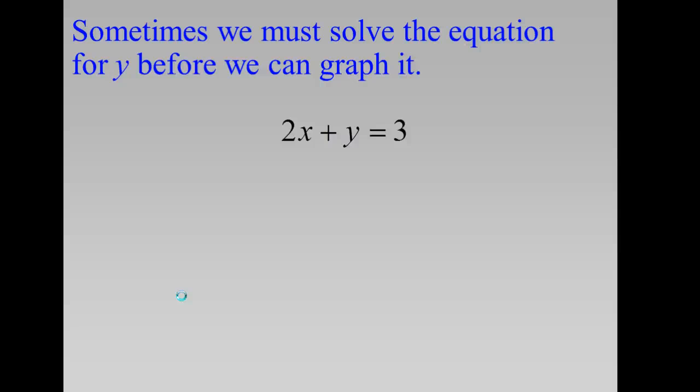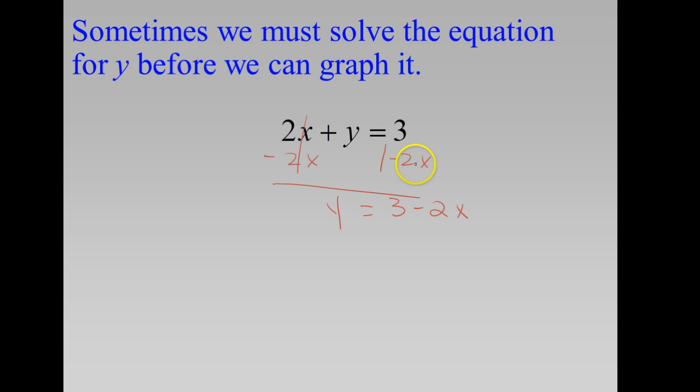Remember, all we have to do in this case is to solve for y. That means y needs to be by itself like we saw in the last lesson. So I'm going to subtract 2x here. These cancel and I'm left with y equals 3 minus 2x. Please be very careful. These are not like terms.